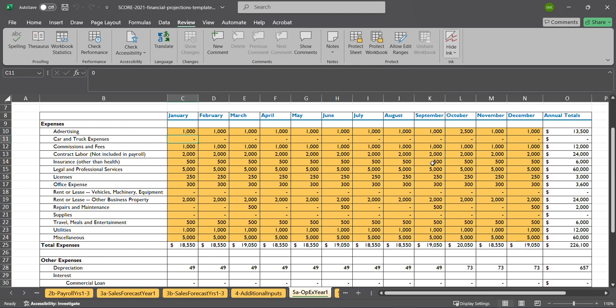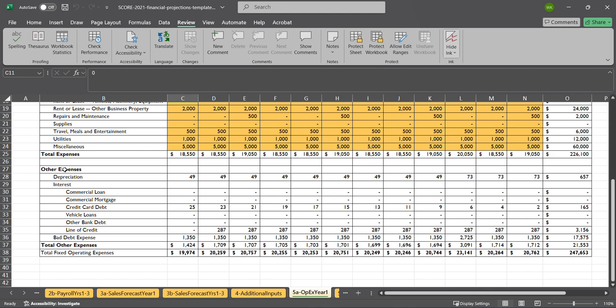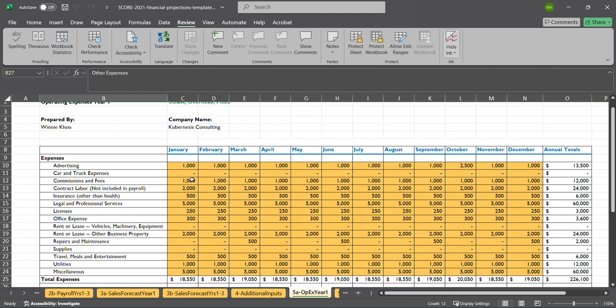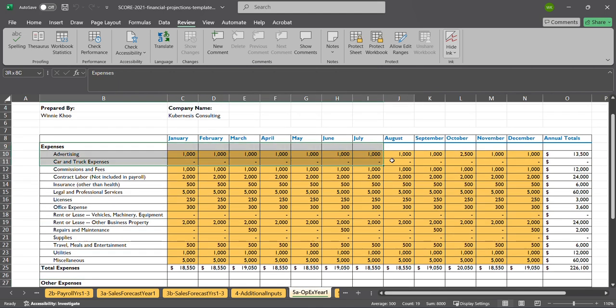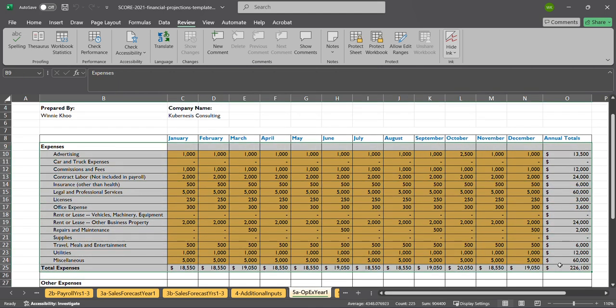So once that's completed, I can go through the other expenses. The expenses above are directly impacting operations in some way, including rent and repairs and maintenance. These are all part of running a business.